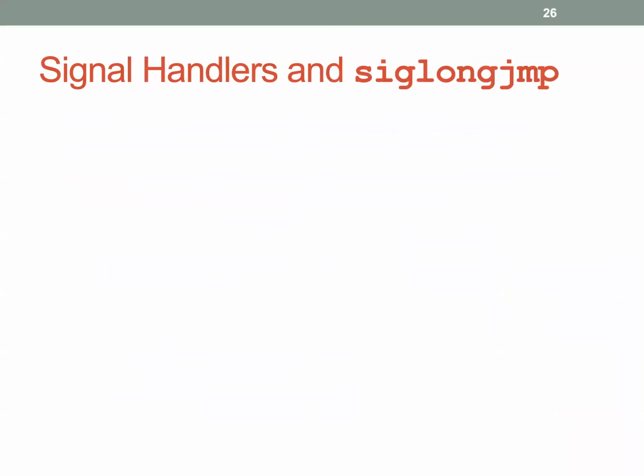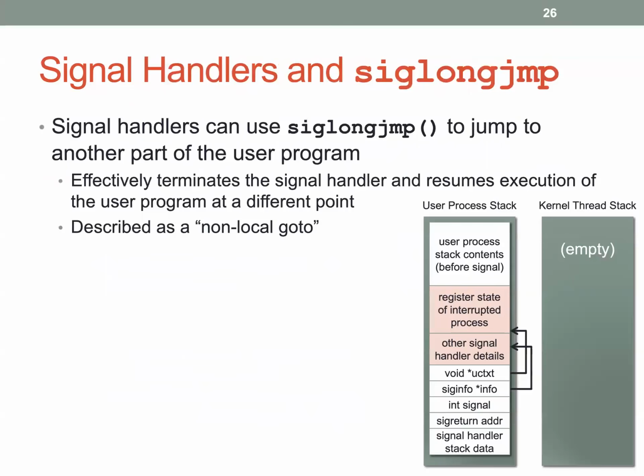Okay, last thing to talk about is this beast called longjmp. I don't know if you're familiar with longjmp and siglongjmp. Is anybody familiar with these beasts? Have you gotten to have experience with them? Longjmp and siglongjmp are what are called non-local gotos.